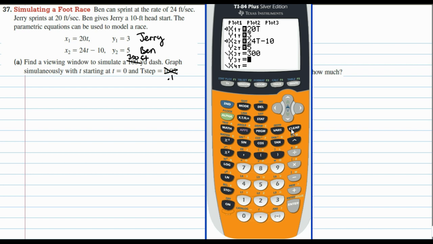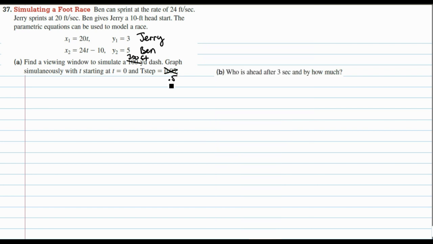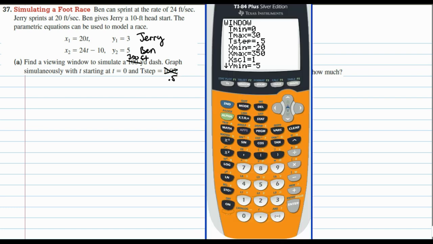So I want to draw this finish line vertically very fast. So I want to draw it faster than they're going to get there. So I'm going to draw it 10 times faster than the amount of time passing by. And then I'm going to have them run at a t-step of 0.5. I tried 0.05 and I fell asleep while they were running. So instead I'm going to do 0.5 so they run a little bit faster. Let's see how this works.